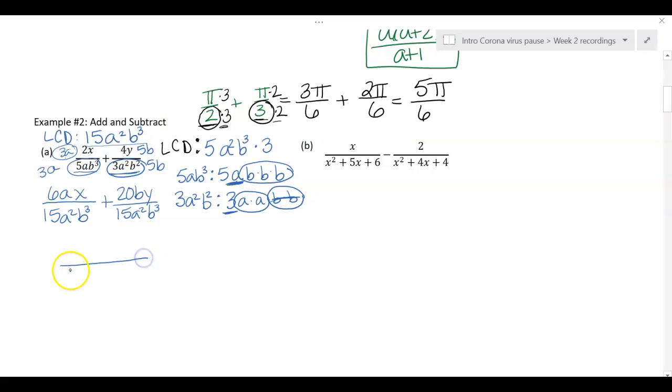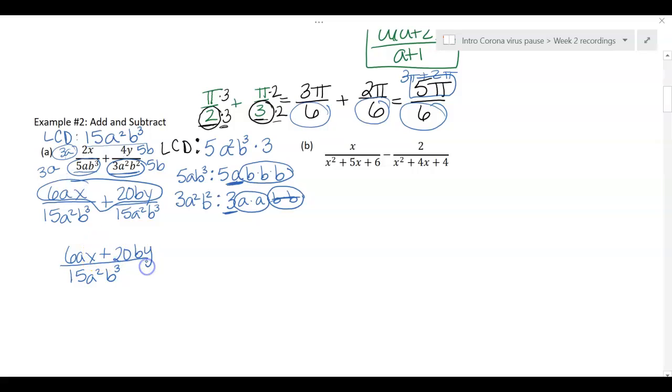We're going to keep that single denominator now because they're the same, just like here, because they were both 6, we just kept 6. And remember, where did 5 pi come from? 5 pi was really made up of 3 pi plus 2 pi. We want to do the same thing here, so we want to add. So this is what's making up our numerator now that we have a common denominator, 6ax plus 20by.